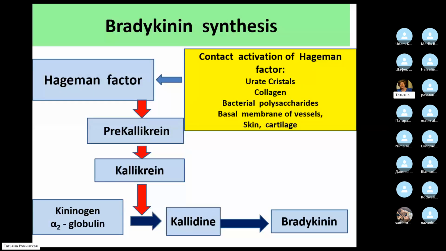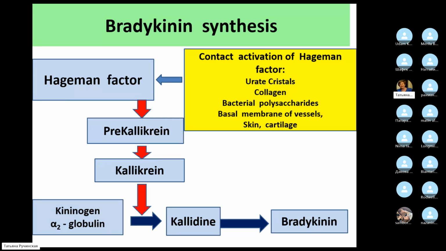You see, if there is increased permeability and retraction of endothelial cells appears, we find that free collagen appears, which makes contact of plasma with collagen, Hageman factor with collagen, and Hageman factor is activated and binds to prekallikrein.